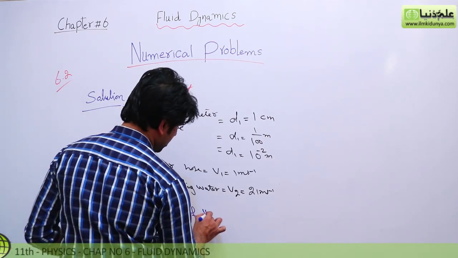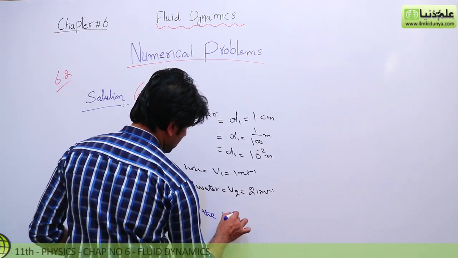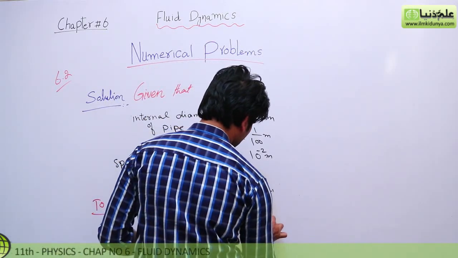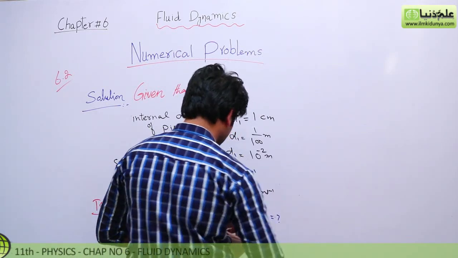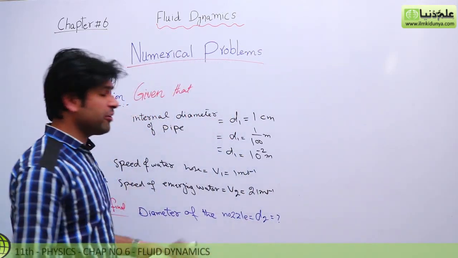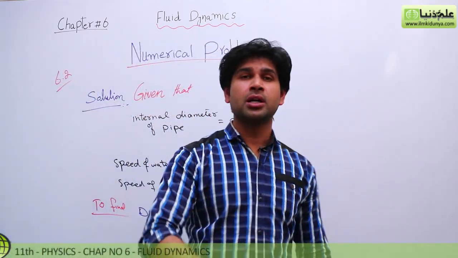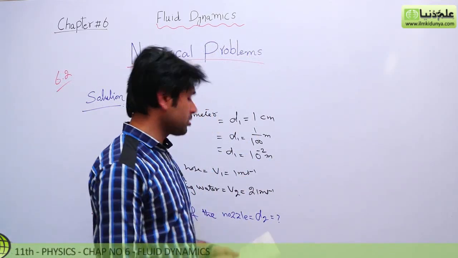Diameter of the nozzle, which can be written as D2, because we have already mentioned the first diameter of the hose pipe as D1. Students, here we will have to find out the diameter of the nozzle which is used to sprinkle the water.